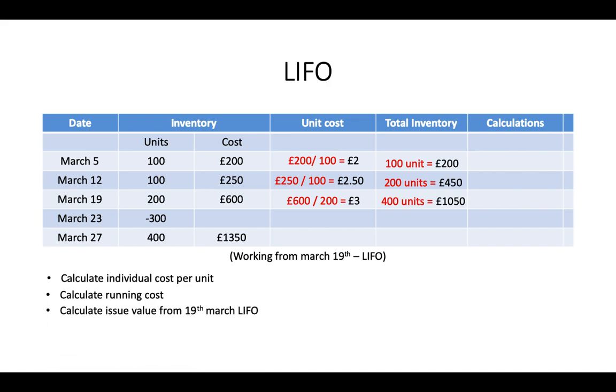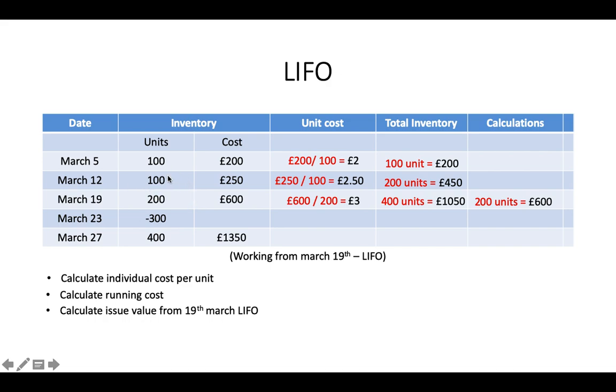Now we need to calculate the value of this 300 unit issue. This time we're going to be working backwards from March the 19th. So we have 200 units available here on March the 19th at £3 per unit, giving us a valuation of £600. We need 300 units, so we need to keep going further back up the list.